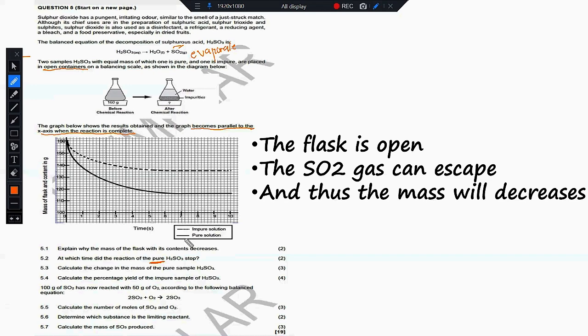Down here, we are given the keys. The broken line represents the impure solution, and the solid line represents the pure solution. So we are looking at where the graph of the pure solution starts to be parallel to the x-axis.